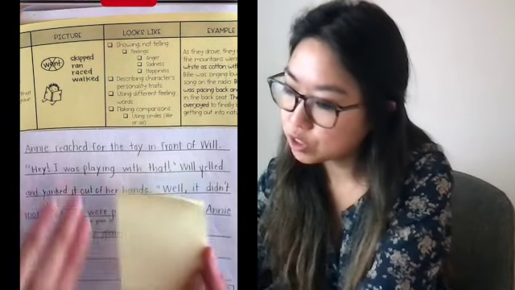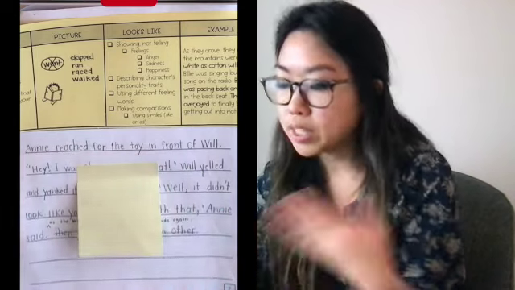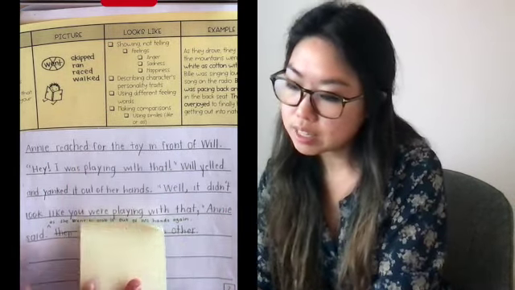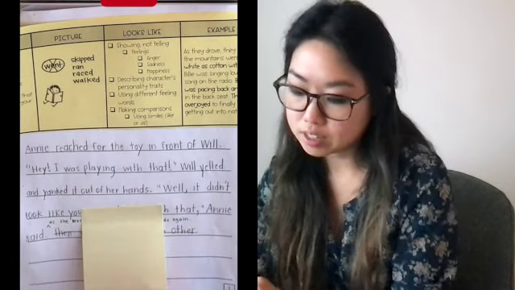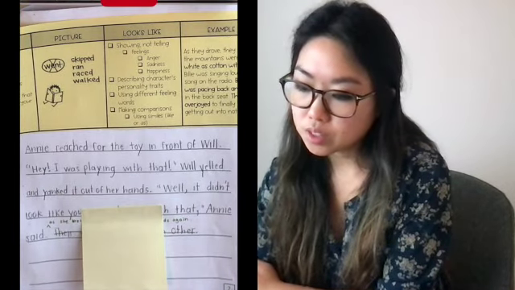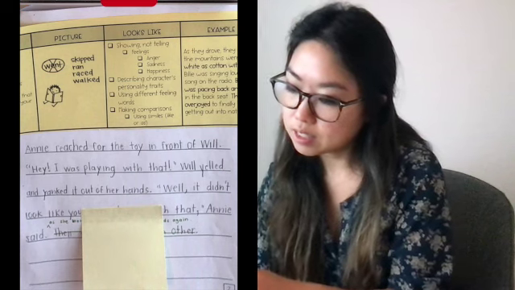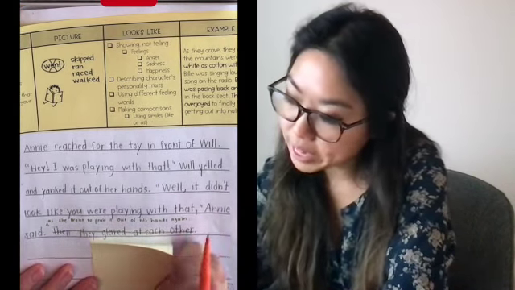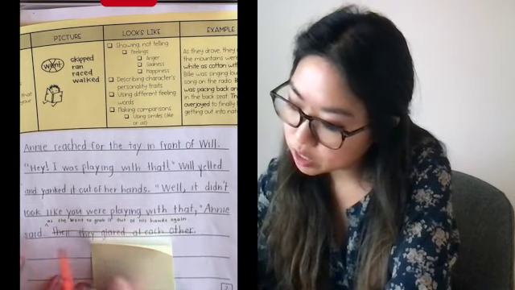So let's see. Annie reached for the toy in front of Will. Well, I know that she's going for the toy and Will yells and yanks it out of her hand. So let's see. What could I do? I could show some anger here because she said, well, it didn't look like you were playing with that, Annie said.